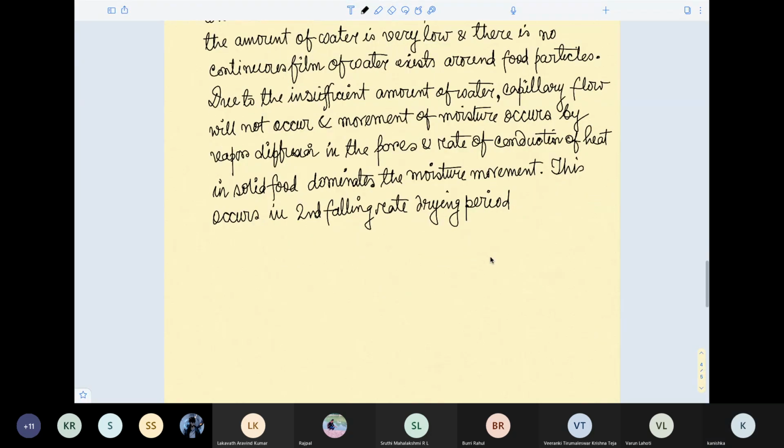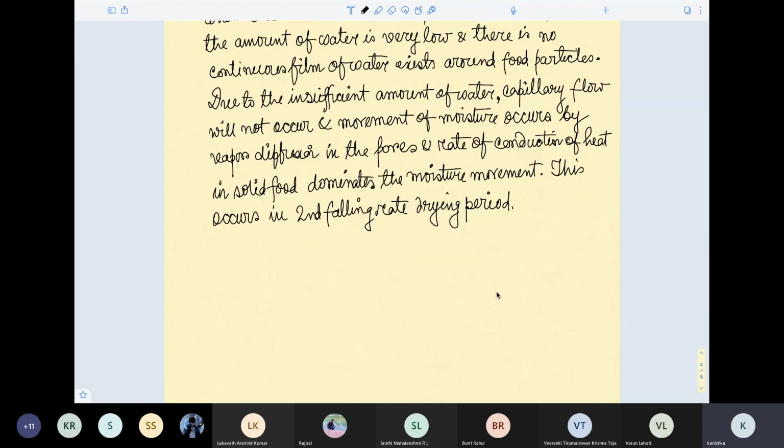Okay, is it clear? See what happens. So you have a food material. There are capillaries, pores, and all, and they are interconnected. Now what happens?